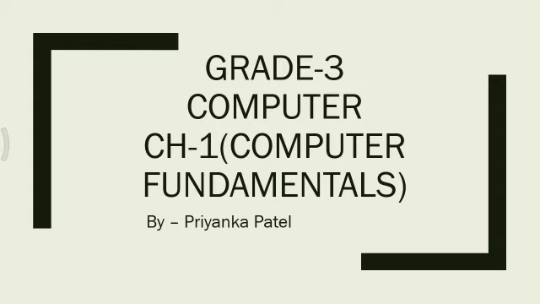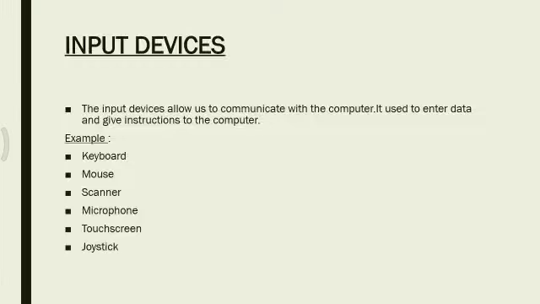continue our working of computer and see in detail how computer is working in input, process, and output devices. Let us see. Input devices allow us to communicate with the computer. They are used to enter data and give instructions to the computer.